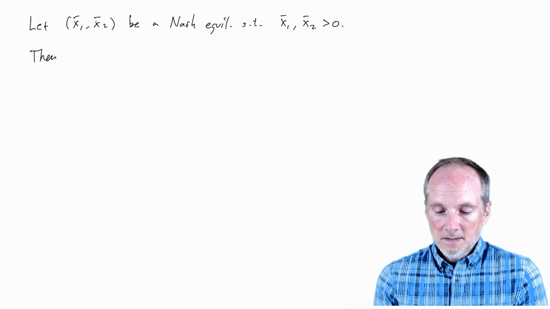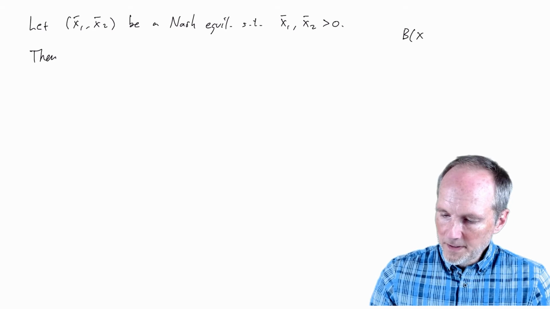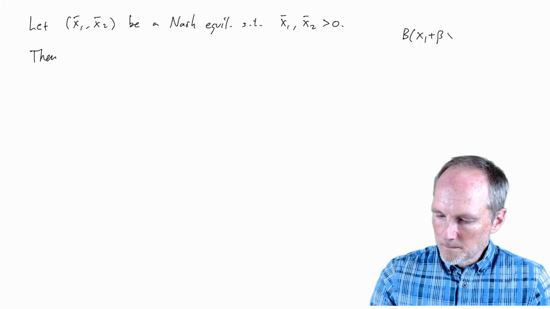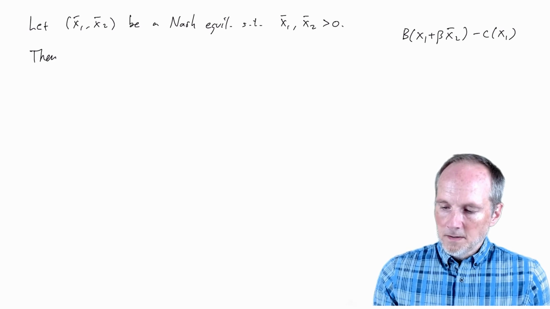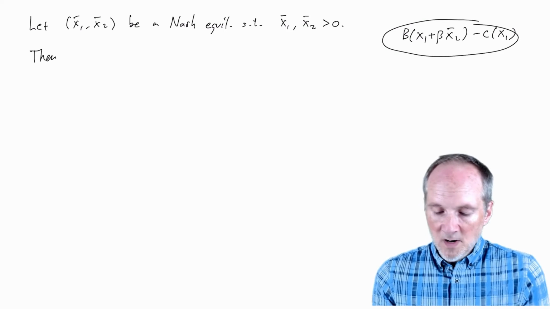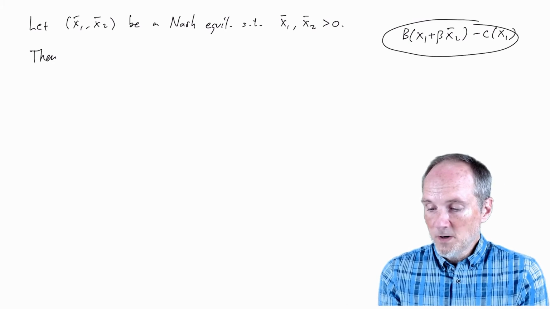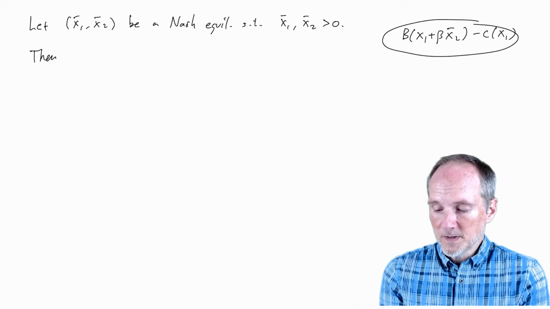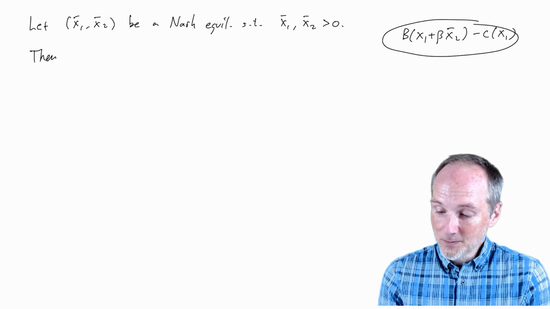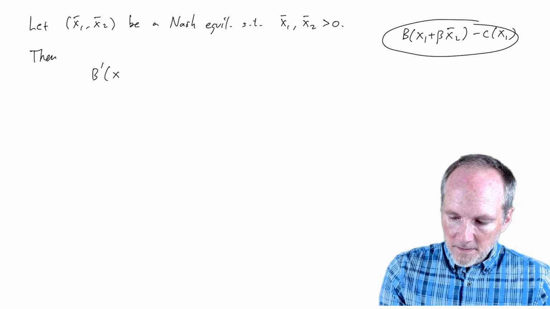And if we differentiate the objective function of person 1, which is this over here, this is just a reminder. So the first order condition for this problem is going to be what? Well, we take the derivative with respect to x1, which is the endogenous variable, and we set that derivative equal to 0.